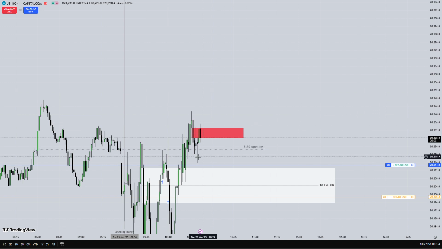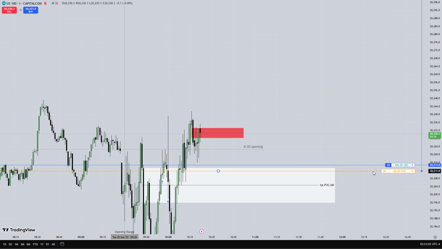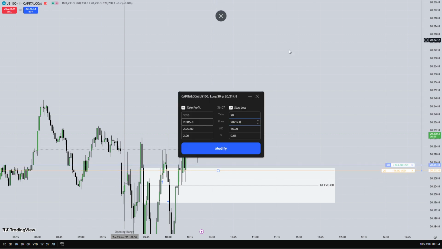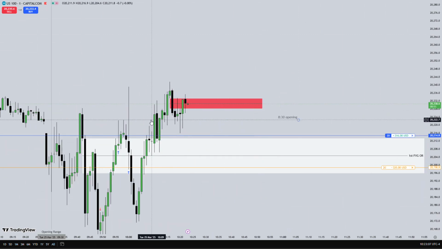At this point, I can move the stop loss higher. I can actually use the low of this order block right here.